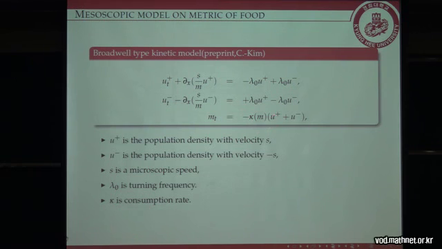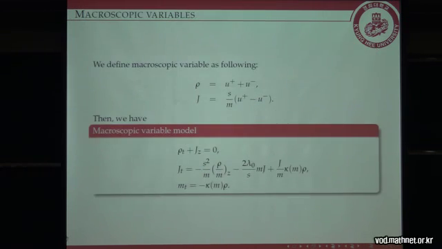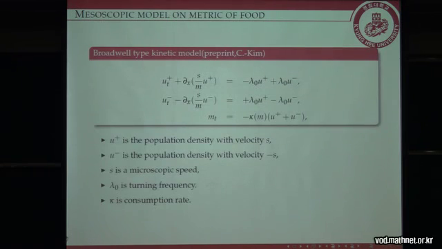So the total density is U plus plus U minus. Actually, it is the totally same form. Our first goal is to find a traveling wave solution.